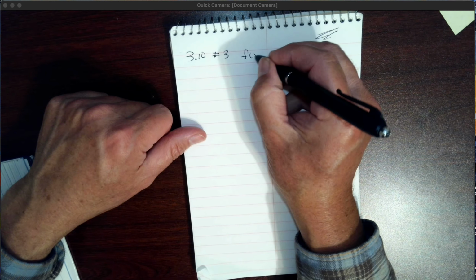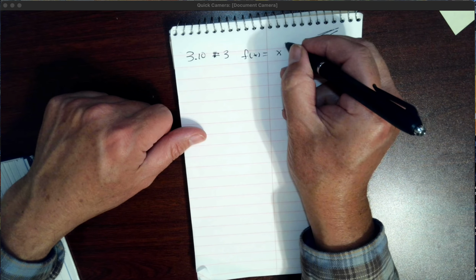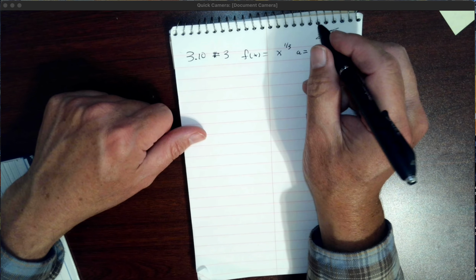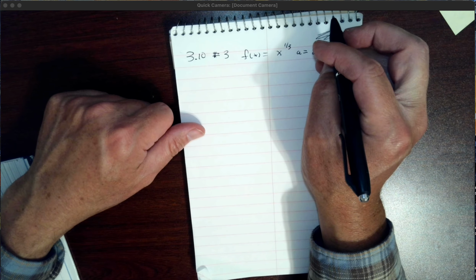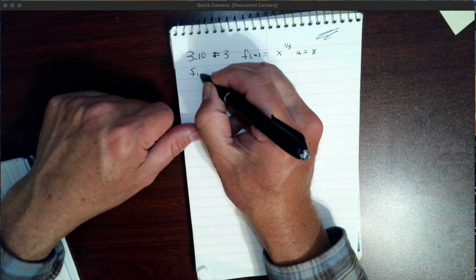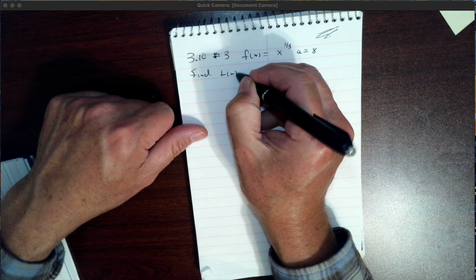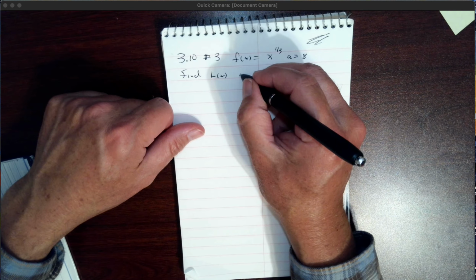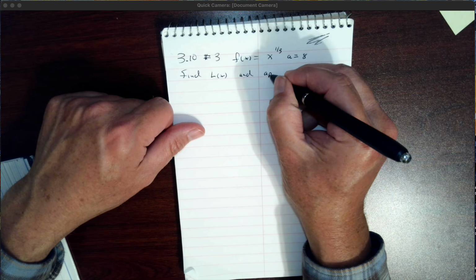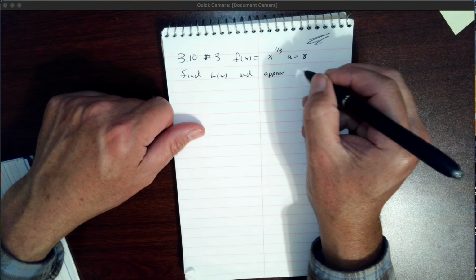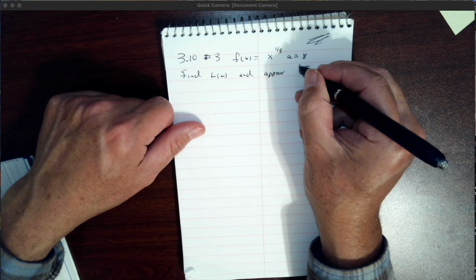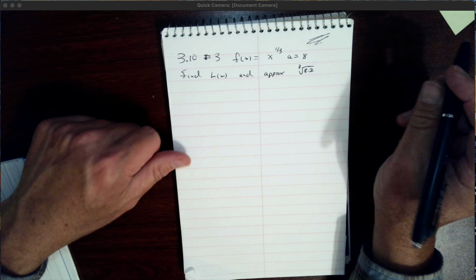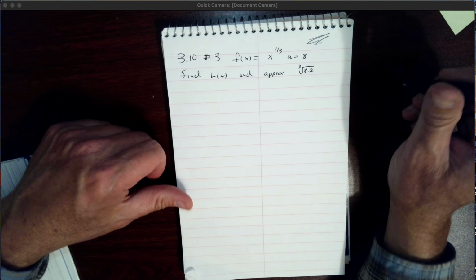So f of x is x to the 1/3 power, a is equal to 8, and find L of x, find the linearization, and approximate the cube root of 8.2. So this is a pretty standard problem.